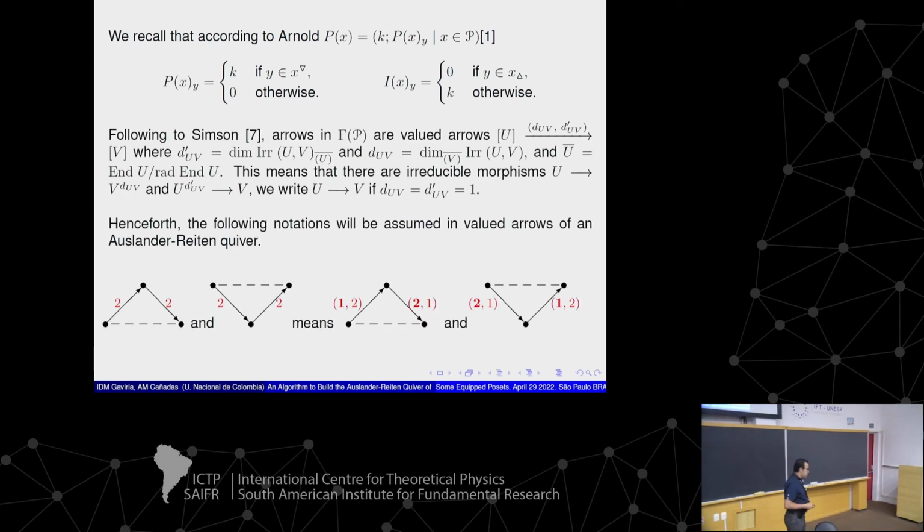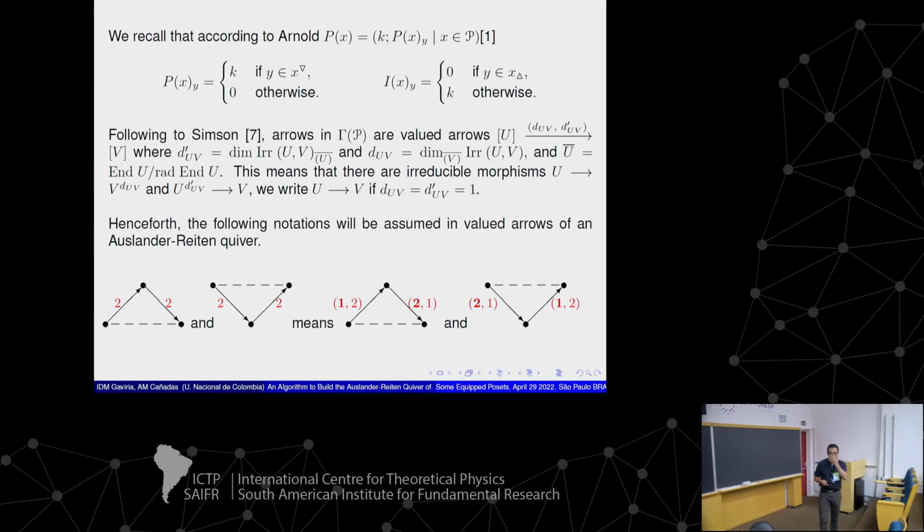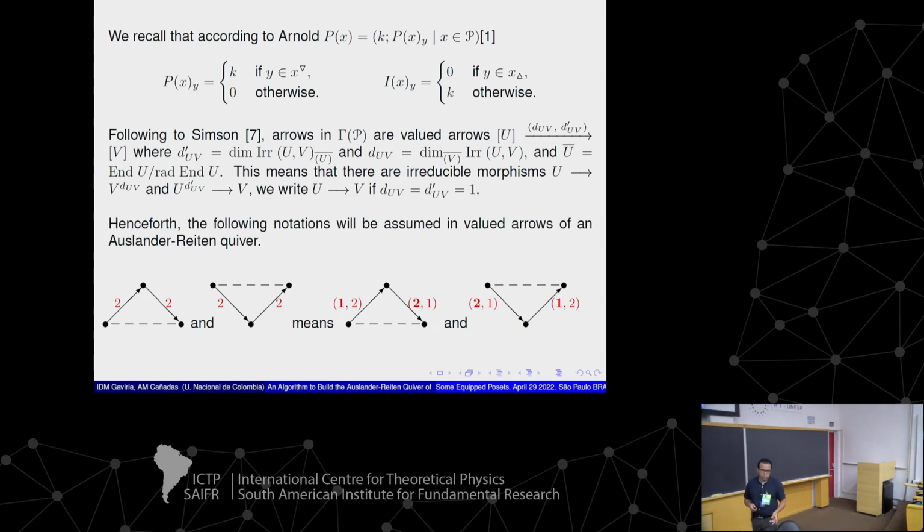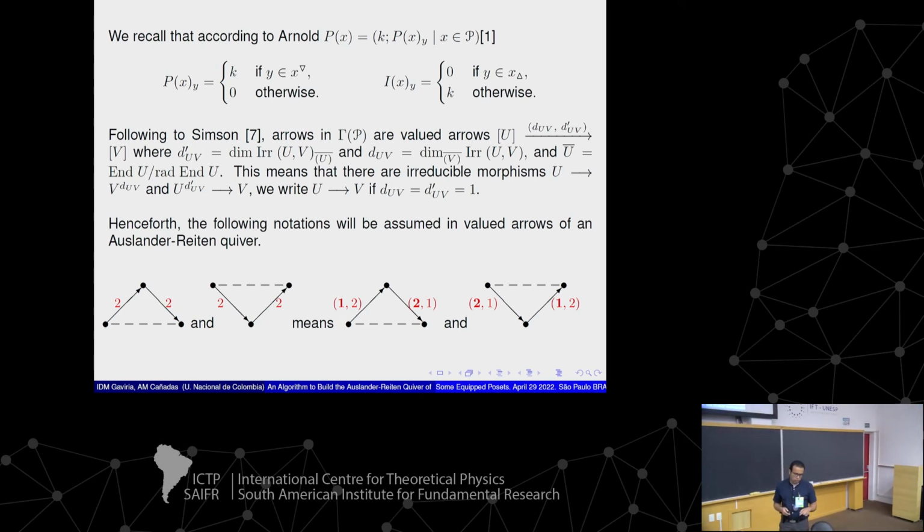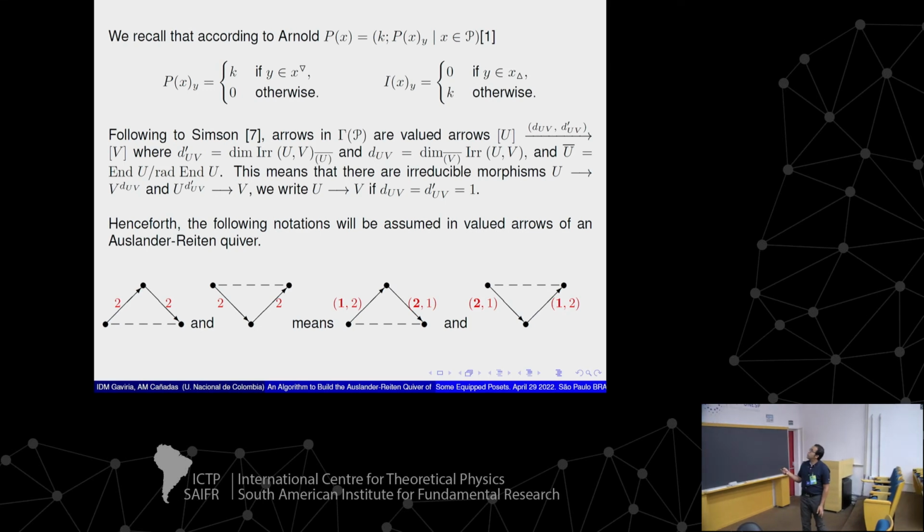In the ordinary case, the Auslander-Reiten quiver is just one quiver, and in the case of the equiposet, the Auslander-Reiten quiver associated to the category of representations of the equiposet is a valued quiver. Valued quiver is the evaluation of the arrows in the Auslander-Reiten quiver. This means the dimension here of the irreducible morphisms.